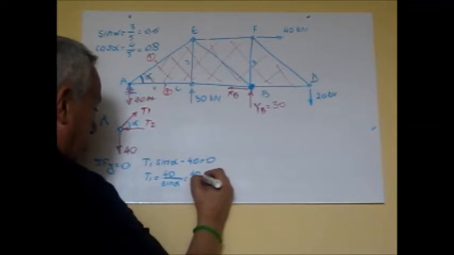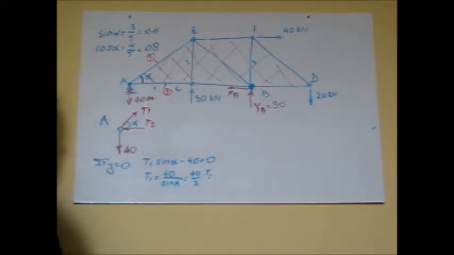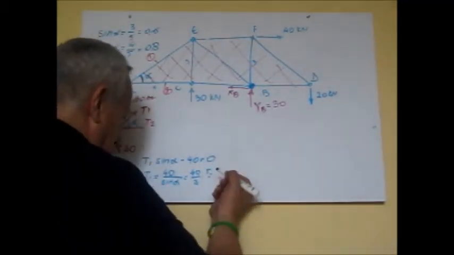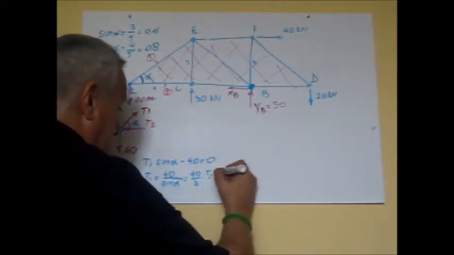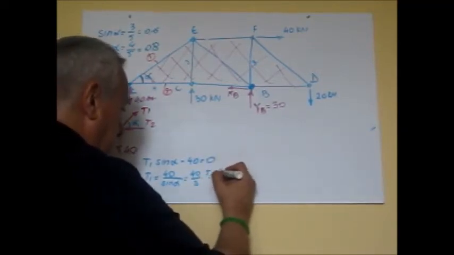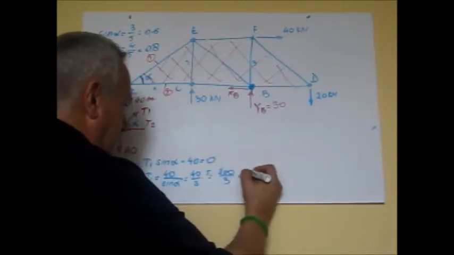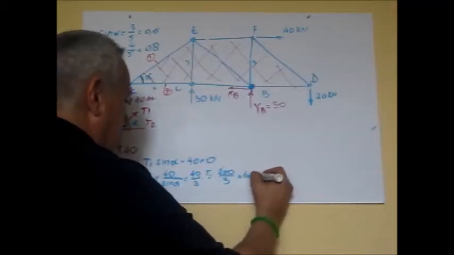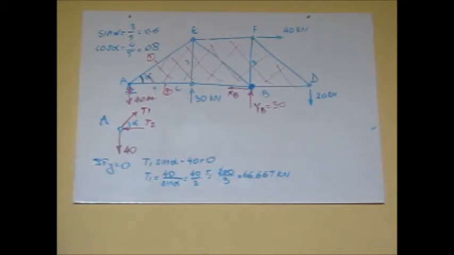It's 3 over 5. So it's 40 times 5, 200 divided by 3, which is 66.667 kilonewtons. This is T1.